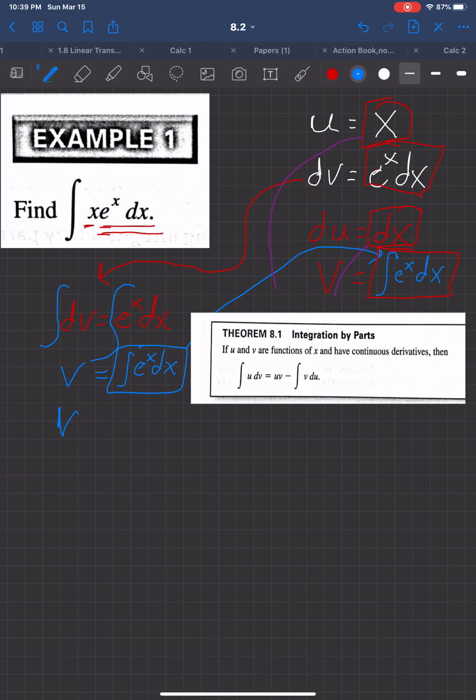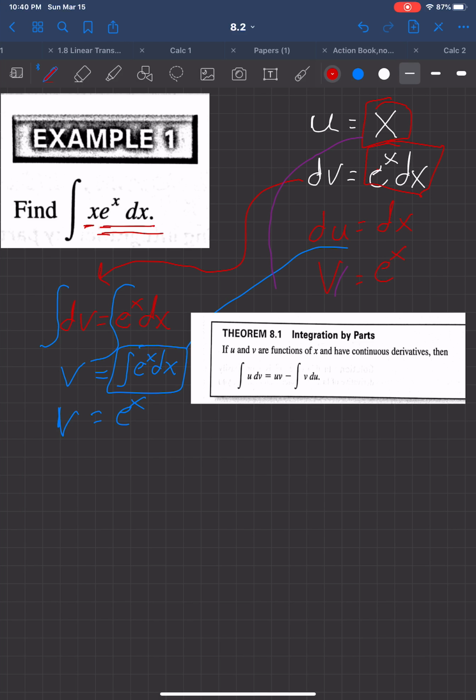If you integrate e to the x with respect to x, then v is simply equal to e to the x, right? So I think it's going to be a whole lot better if we just rewrite v as e to the x. All right, so du was dx, and in this case, v is e to the x.